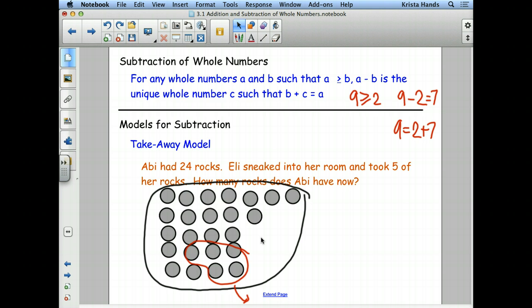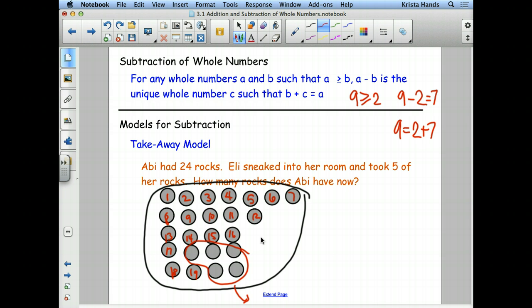Then we can simply count how many are left, right? And in class we would probably count them across. So just for the sake of doing so here, I'll put the numbers on them. Did I get 19?